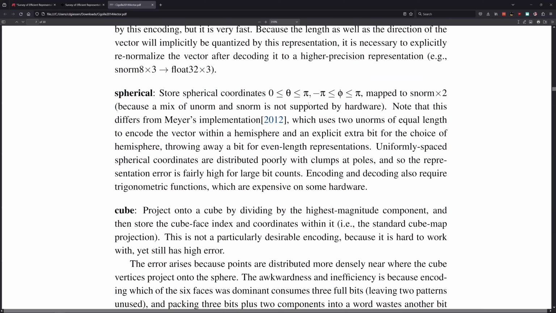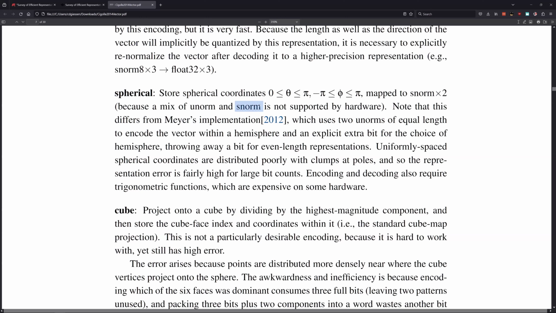Spherical coordinates, 2 angles, theta and phi. Okay, that's a fun quirk. Is it still true now? I mean, I don't see any texture formats that have a SNorm / UNorm capability.